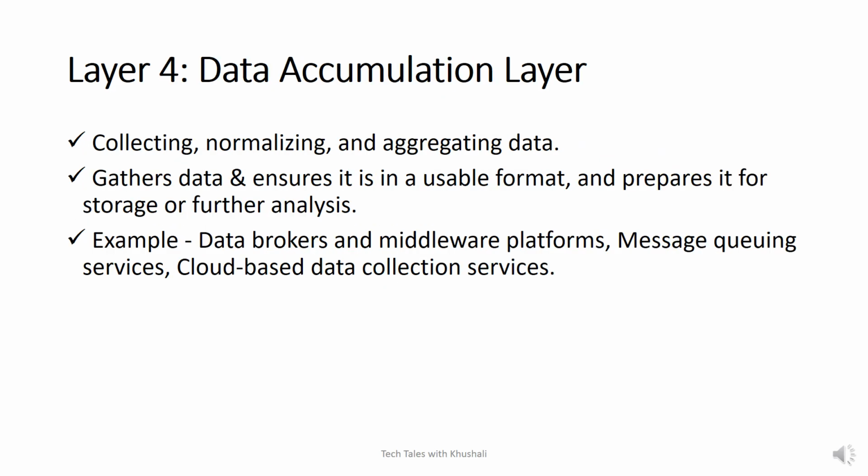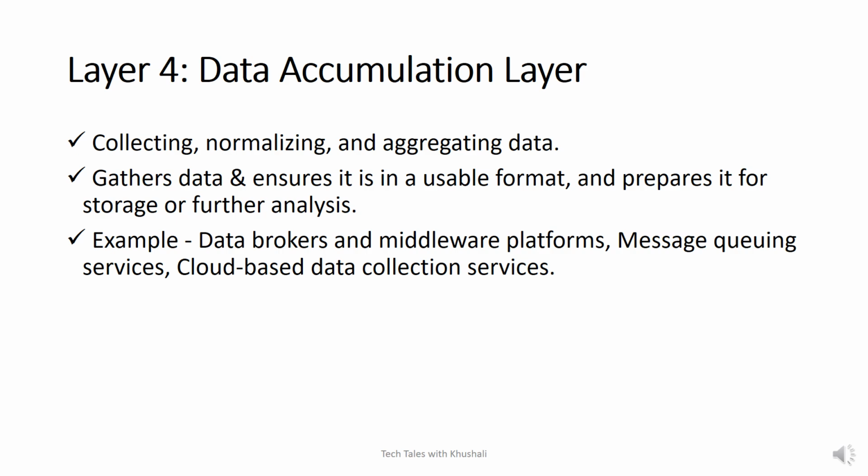Let's see layer 4, that is the data accumulation layer. This layer is responsible for collecting, normalizing and aggregating data from the lower layers. It gathers data from various devices and communication systems and it also ensures it is in a usable format and prepares it for storage or further analysis in the cloud.